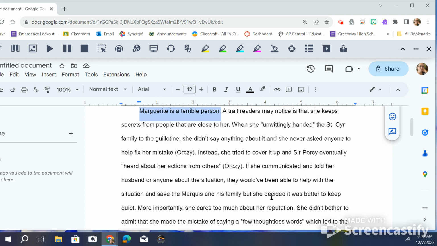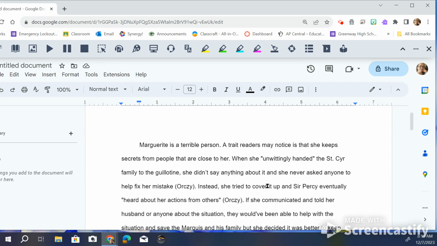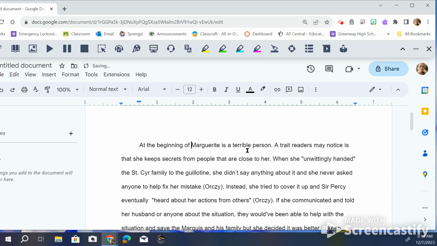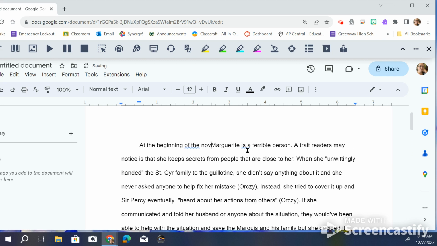So, tell me the relationship. What is the relationship between terrible person and benevolent person? Terrible person is at the beginning of the novel, Marguerite is a horrible person. True?